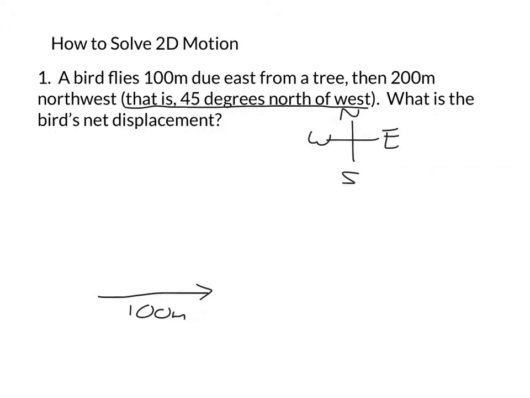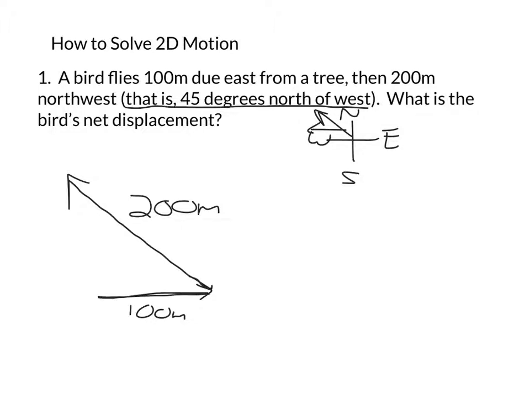Okay, so I need to go north of west. Well, west is this direction, so I need to tilt north of that, which is that direction. So when I'm kind of backtracking here, I'm going to go 45 degrees like that, but this is a longer 200-meter long arrow. And I've drawn them head to tail, right? I end one vector and then I start the next one.